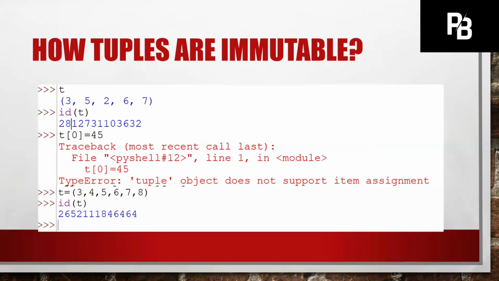So students, how are tuples immutable? Let's check this concept, students. If you have one tuple and you want to insert any new element at a particular position, that is not possible in tuples. It shows an error: the tuple object does not support item assignment.